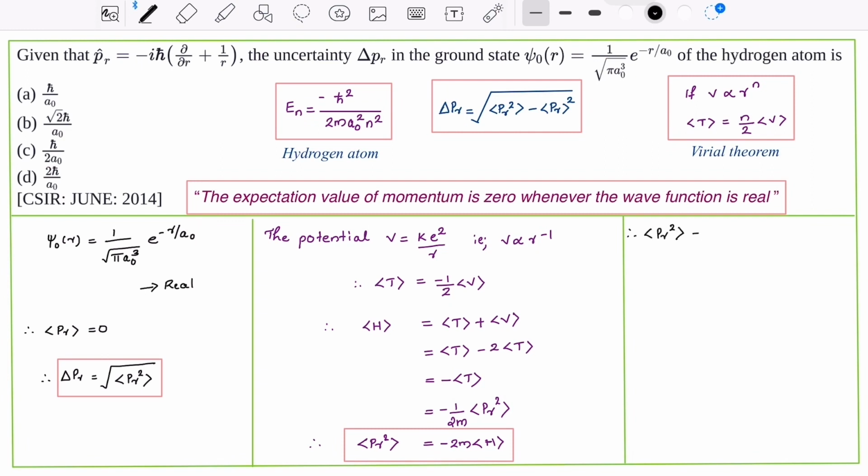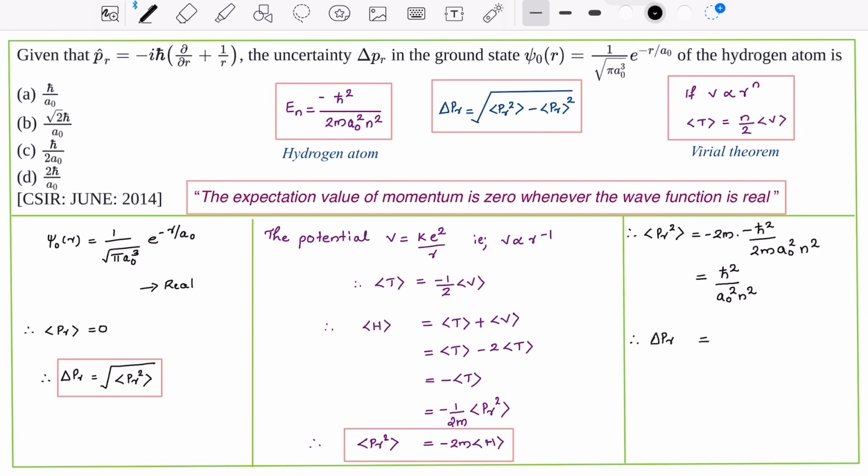Therefore, we can say the expectation value of p_r squared is equal to minus 2m times minus h bar squared divided by 2m a0 squared n squared, and this is equal to h bar squared divided by a0 squared n squared. Hence, the uncertainty Δp_r is equal to the root of the expectation value of p_r squared.